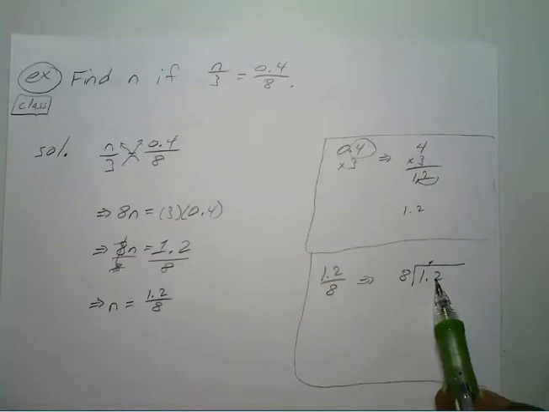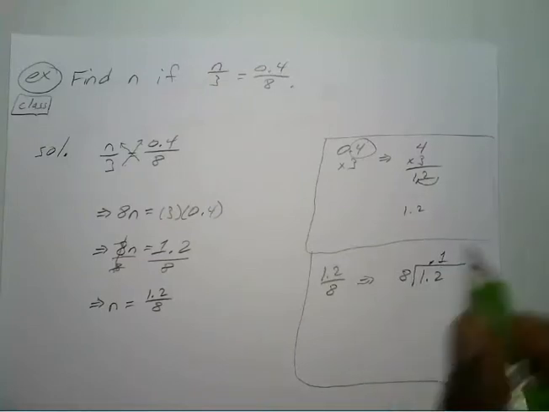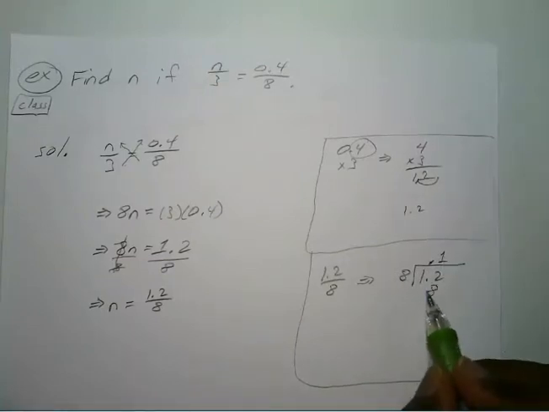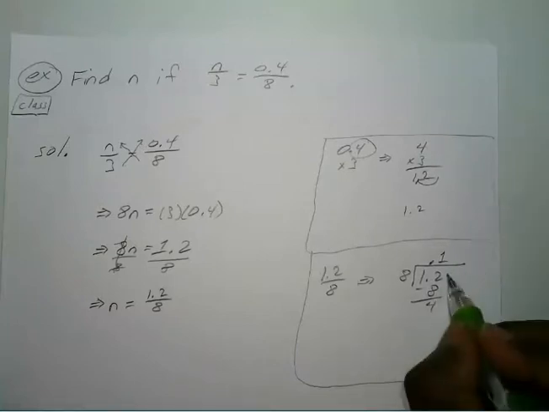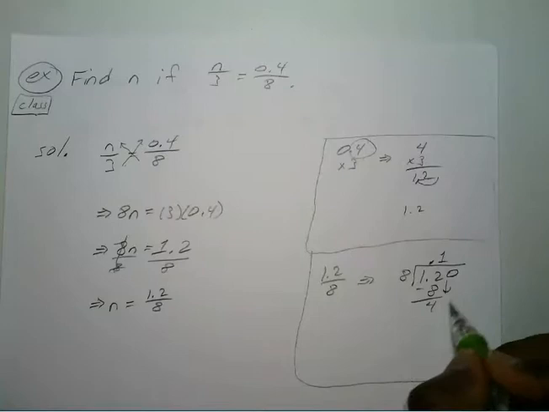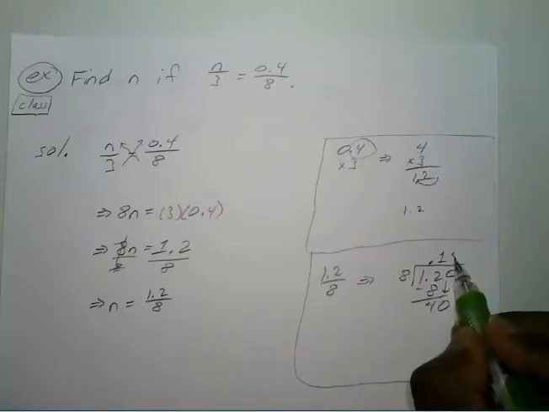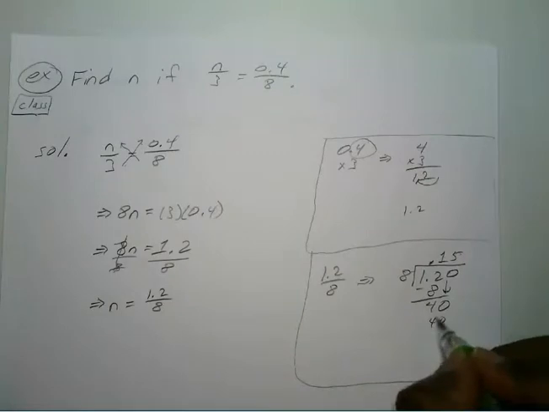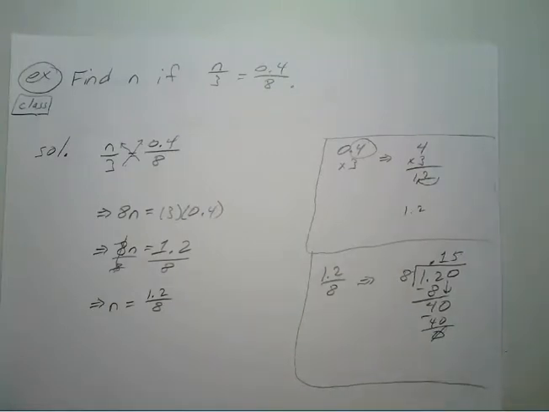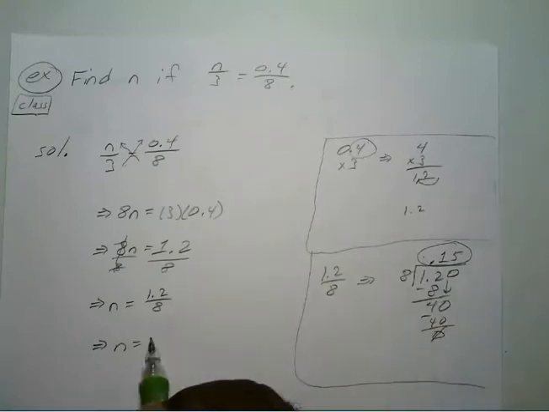Okay, so 8 goes into 12 one time. 8 times 1 is 8. 12 minus 8 is 4. You go ahead and add a 0 here. 8 goes into 40 5 times. 8 times 5 is 40, and we have our remainder of 0, so that is our answer. So n is equal to, you can put a 0 in front of there if you like, 0.15.